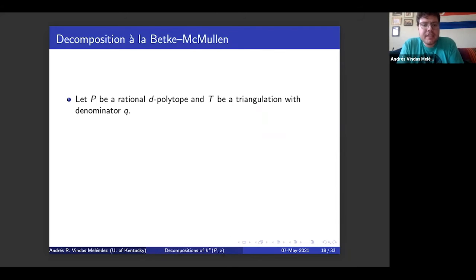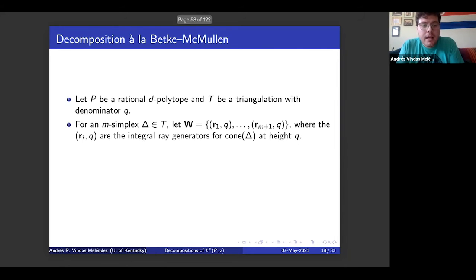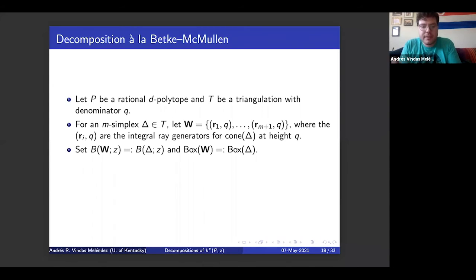So the decomposition a la Betke McMullen: I'm going to take P to be a rational polytope with the triangulation T that has denominator Q. For an i-th simplex in my triangulation, I take R sub i, Q to be the integral ray generators of the cone at height Q. This is just setting some notation. Instead of writing out box of W, I'm going to say box of the simplex, or the box polynomial of the simplex.